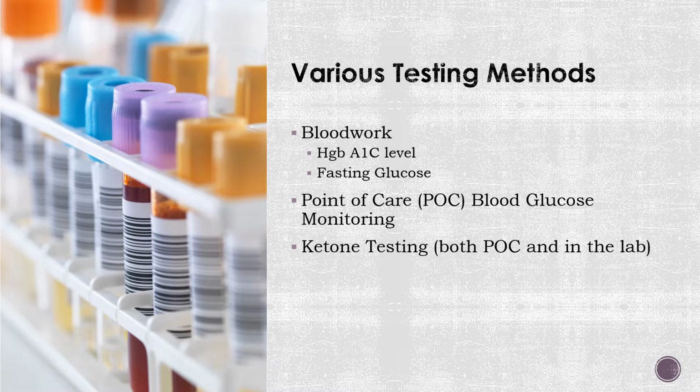Next is ketone testing. It can be done both at the point of care and in the lab, by checking either urine or blood. In diabetic patients, the body burns fat in the absence of insulin, and ketones are released as a waste product, indicating poor glycemic management. This test could be completed in the lab or by patients themselves using point-of-care devices.